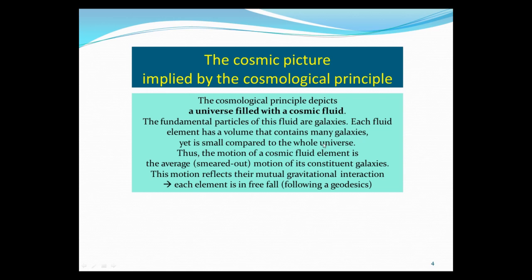Just like we normally describe a fluid like water, it's made of atoms and molecules, and each fluid element contains many atoms, many molecules, but each fluid element is still small compared to the fluid as a whole. Therefore, the motion of a cosmic fluid element is the average or smeared-out motion of the constituent galaxies. This motion reflects their mutual gravitational interaction. In other words, each fluid element is in free fall, following geodesics.